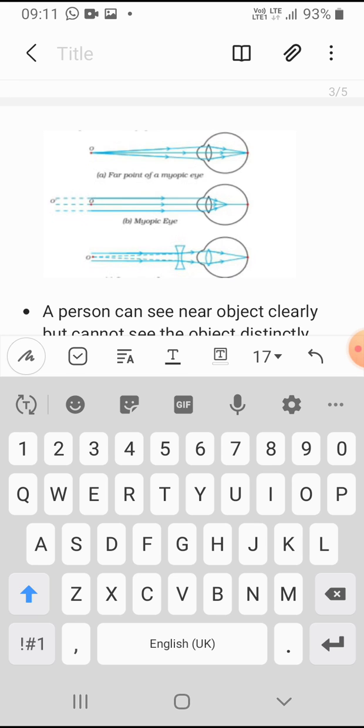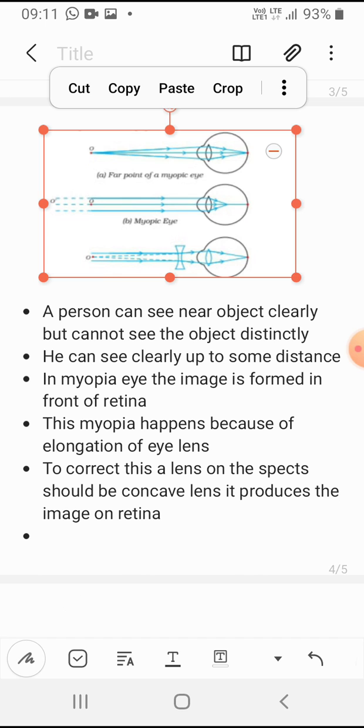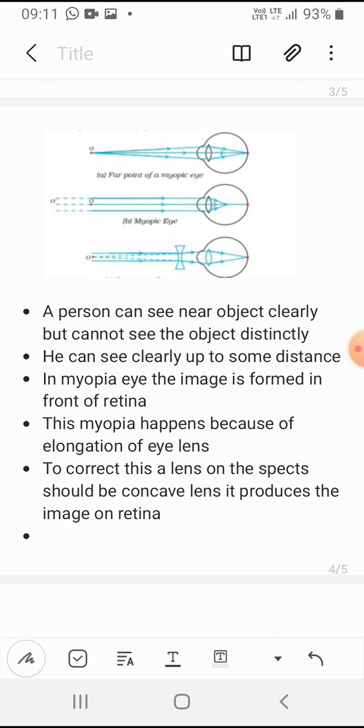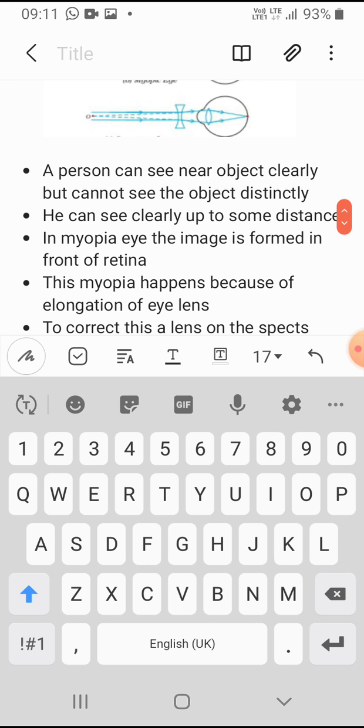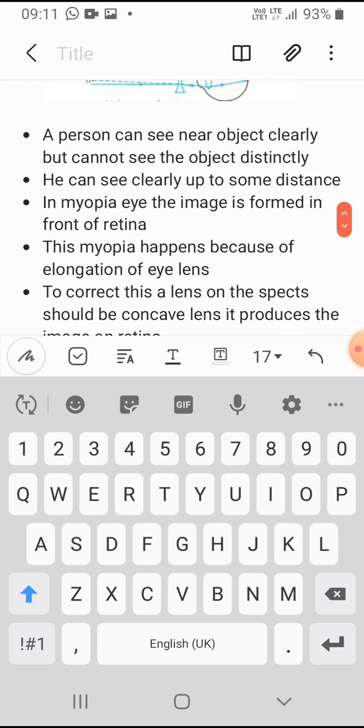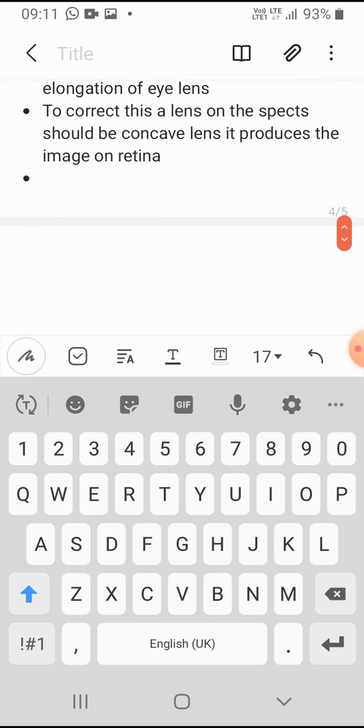When you put the concave specs, the light or object image gets diverted and goes to the lens in the eye, and then goes to the retina correctly. So this is the only correction we can do for this problem.